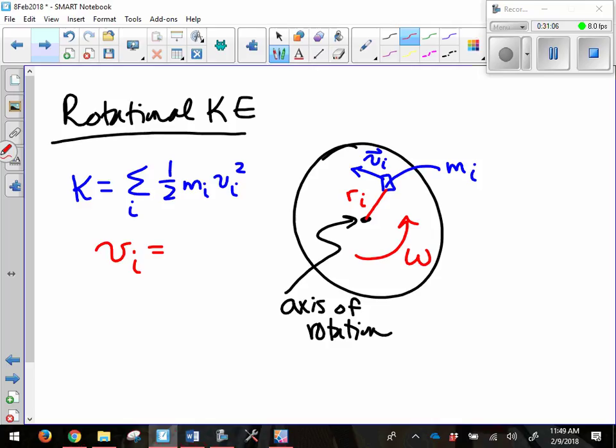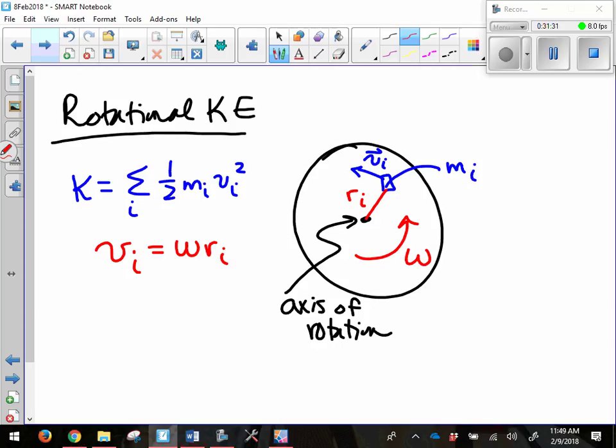So v is equal to omega, in this case, times ri. Now, I know it can be confusing to remember whether v is equal to omega r or v is equal to omega over r, but it's helpful to think about the units. What are the units of omega going to be?